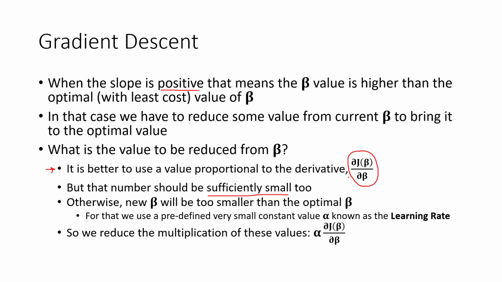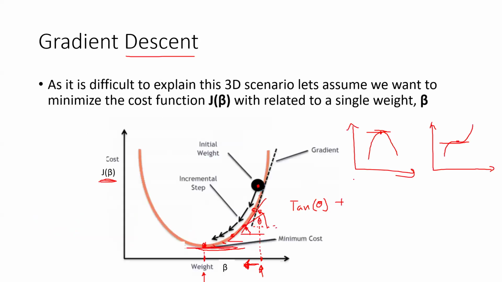So maybe you can directly reduce by this particular value, but it is not good, right? Why not? If you reduce a small value, you can come closer and closer to this optimum point step by step. But if you reduce a large value, you may go from here to here, somewhere like this. You will go to a non-optimum point, even passing this optimum value, right?